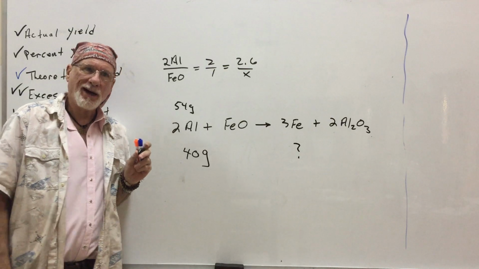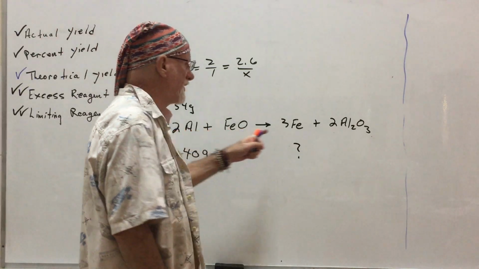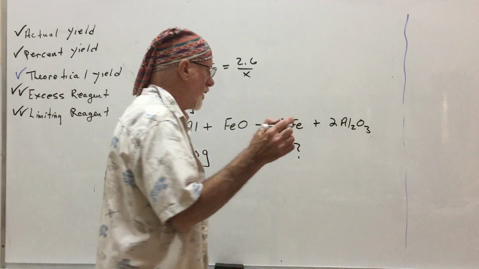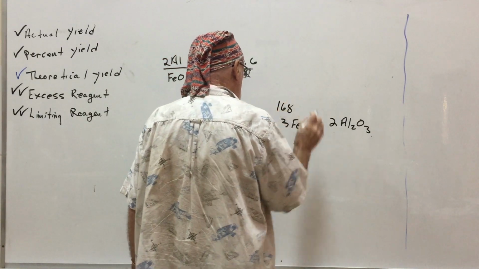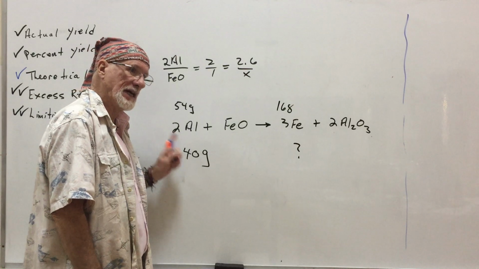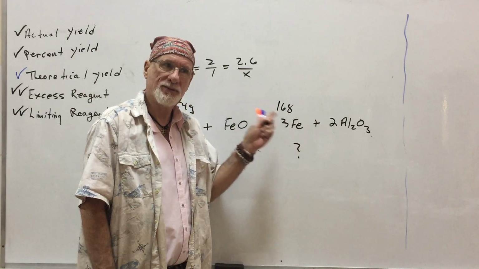Yes. Iron is 56. So 3 times 56 would be 168. Correct? So, if I have 54 grams here, I'm going to produce 168 grams there.